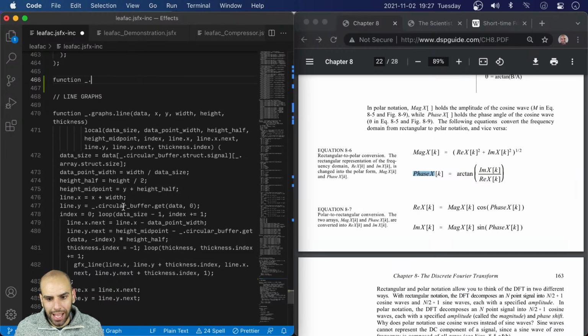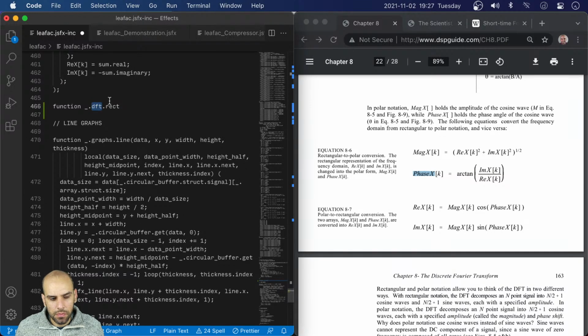Right, so I am thinking that maybe I don't want to put this function in the DFT namespace. I'll go with that for now, but this is not really about the DFT, it's more about the representation of real and imaginary numbers into magnitude and phase. And we may have a library of functions to work with imaginary numbers.